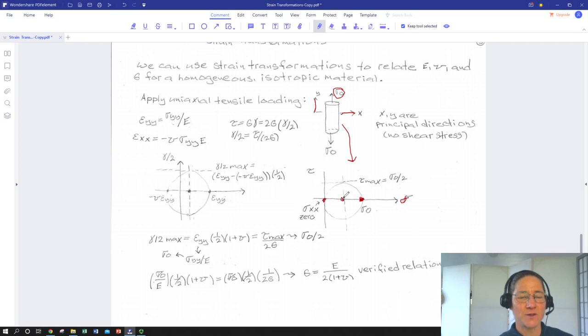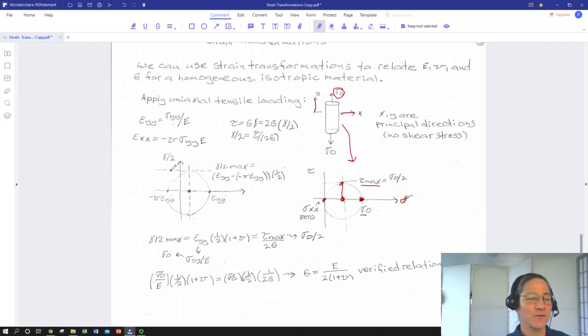So halfway between the two, we're going to have our circle center, and we've also established the radius, so 1/2 of sigma 0 is going to be our max shear. So now we have max shear stress in terms of our applied normal stress, and so we have that to work back through our relationships relating these elastic constants.